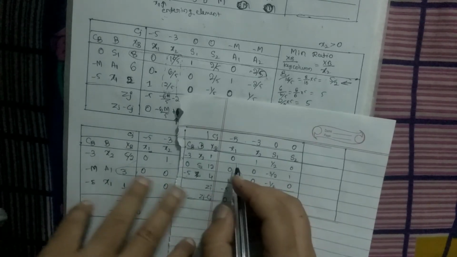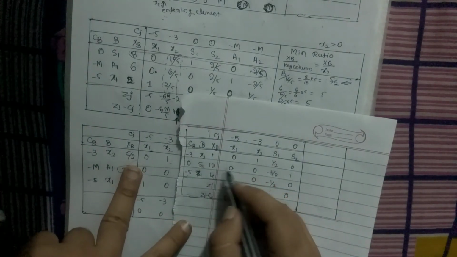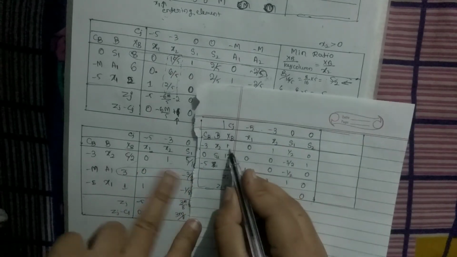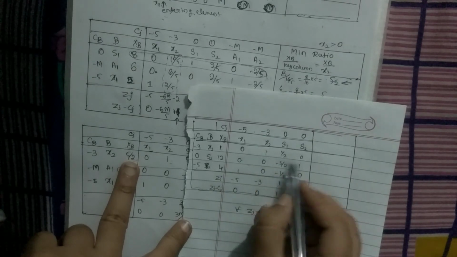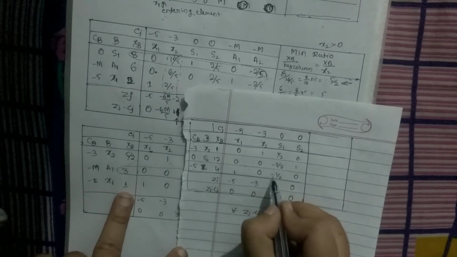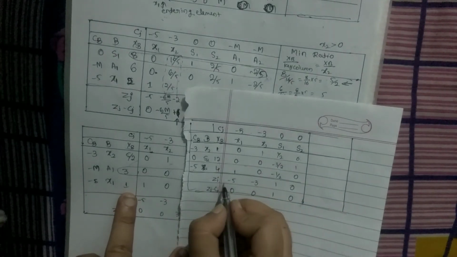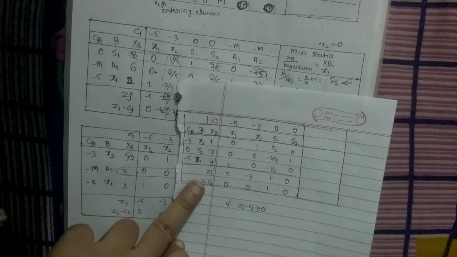Next the remaining values are also found by the same procedure, that is multiplication form using the key element. So first is 1 becomes 1 0 1 1 by 2 0, then 4 1 0 minus 1 by 2 0. Then we have to find Zj.